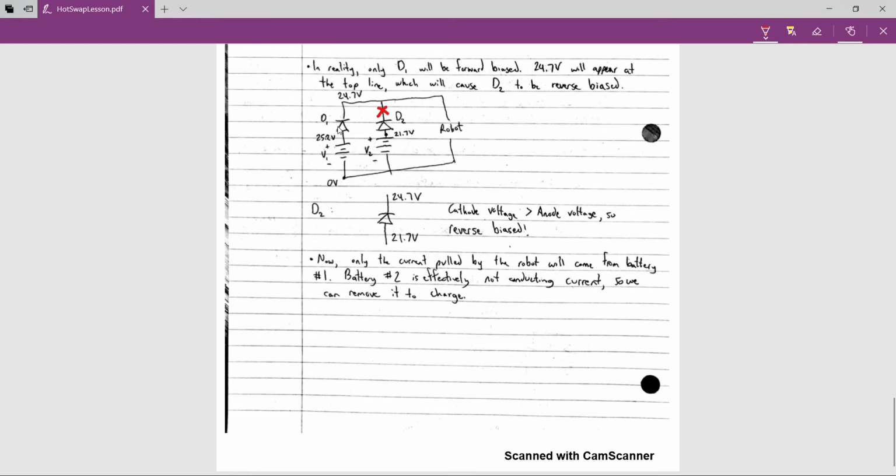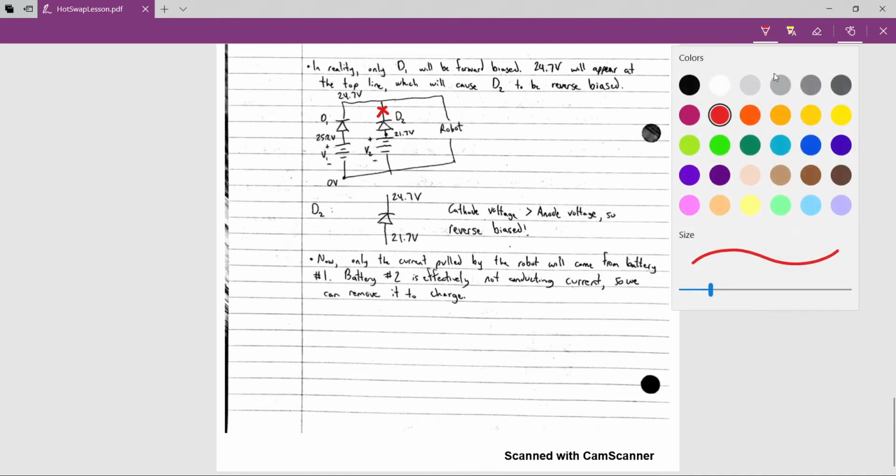The one problem, I guess, there's always a trade-off. The one trade-off that you make, now we can hot swap, but the thing is, while we are conducting current through here, I didn't actually add this in, but maybe I'll draw it out.